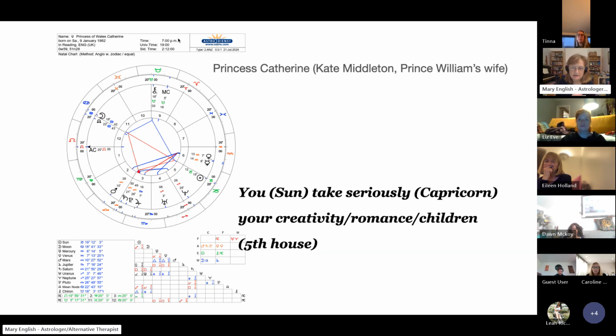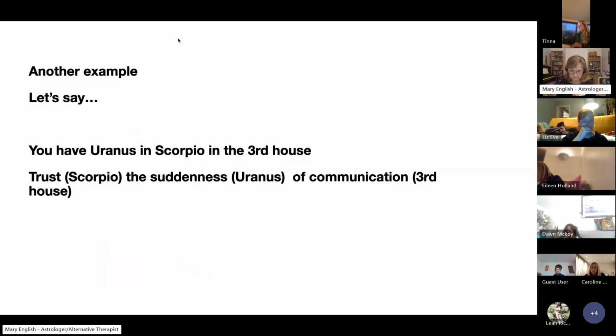But also the 5th house is not just children. It's also creativity and it's also romance. So you could have somebody that has Sun in the 5th and doesn't have any kids. Doesn't matter. Maybe they're very creative. So remember that the words aren't final. They have alternatives and you might need to sub a different word for what you know you have in your life.